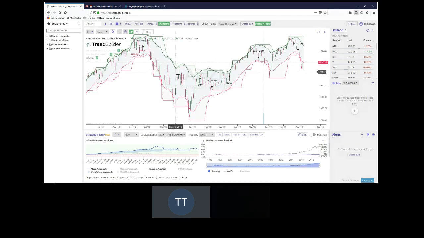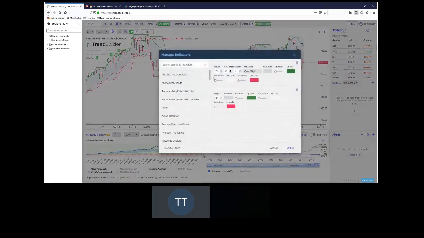We can easily change the indicators here. And let's say we wanted to, I don't know, do something longer term even. So let's go to 30. Let's do 30 here.